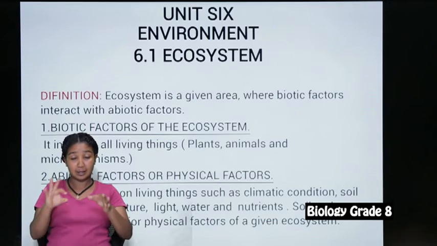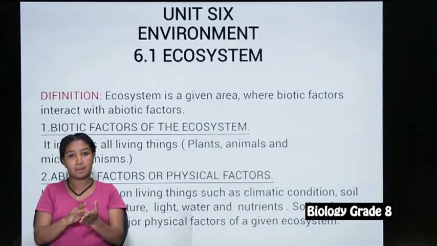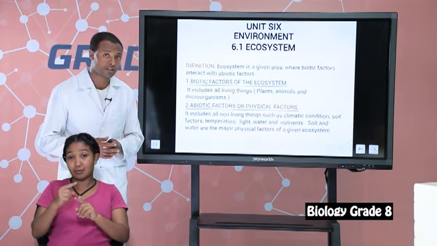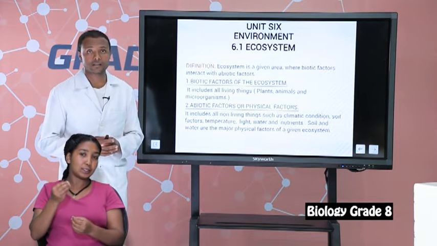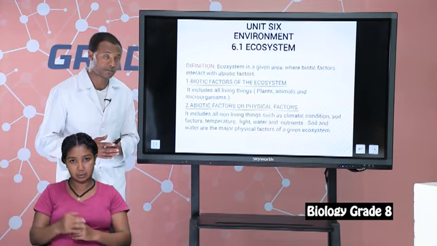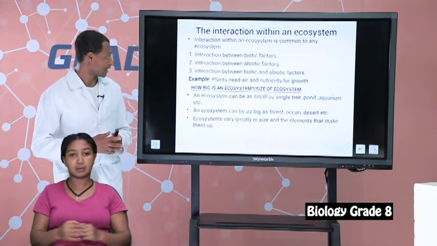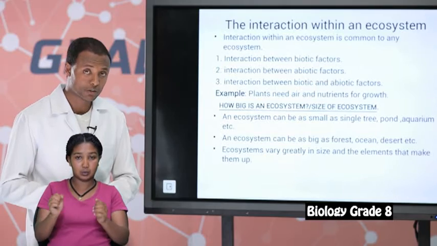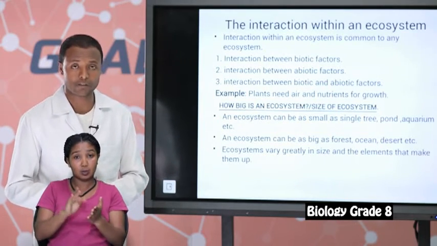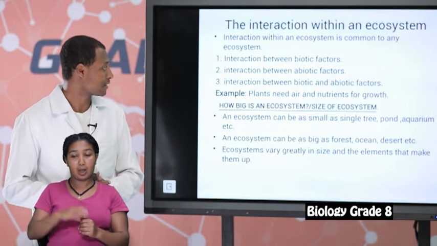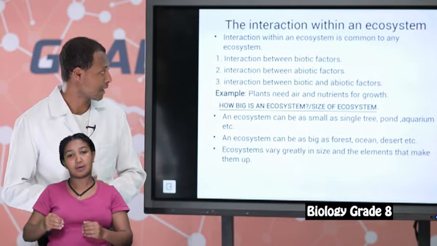There is interaction between biotic and abiotic factors within ecosystems for different purposes, for food, shelter, reproduction, or survival. The other possible interaction within an ecosystem is interaction between biotic factors, interaction between abiotic factors, and interaction between biotic and abiotic factors.